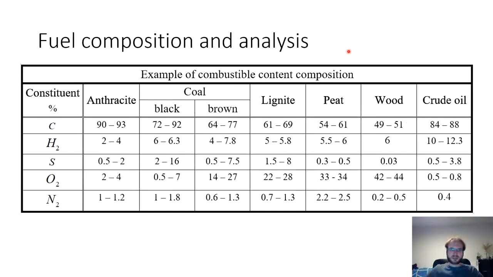Here we have an example of the combustible content composition, where we have carbon, hydrogen, sulfur, oxygen and nitrogen. And we can see, for example, that the carbon content is very high for anthracite, while for crude oil, as it's hydrocarbons, there is a relatively large content of hydrogen.